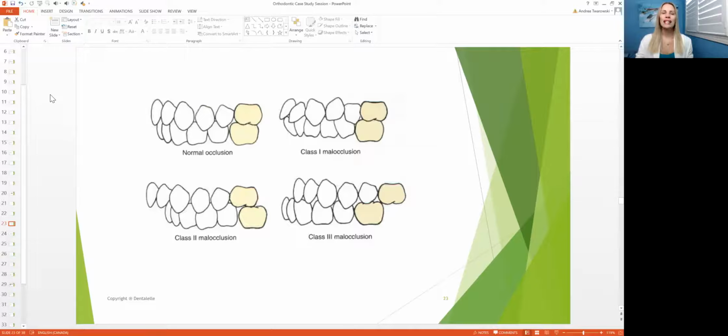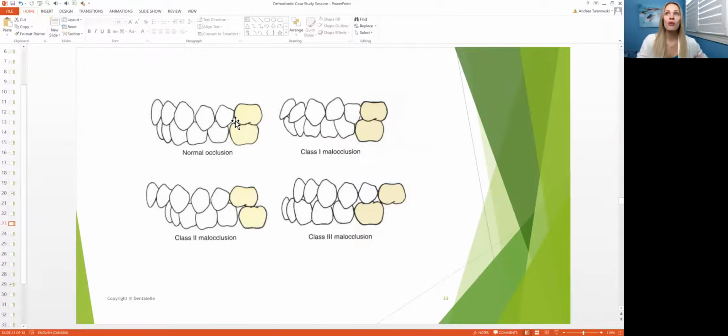So what I like to do is I like to think about the first year molars when I'm thinking about classes of occlusion. So class 1, so normal, is when your mesial buccal cusp of the 6, so in Canada, or I'll just say the first year molar so that everybody knows what that is.